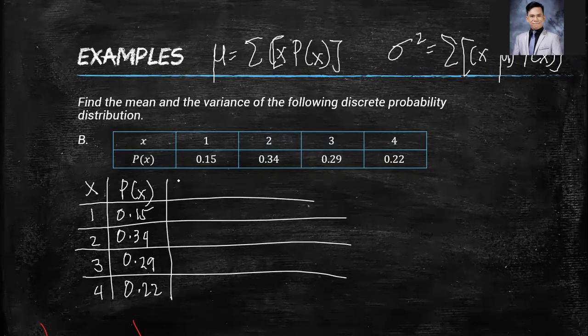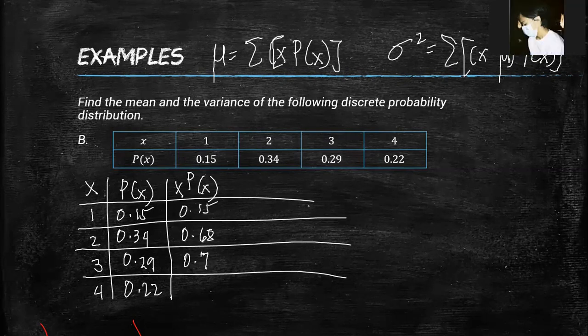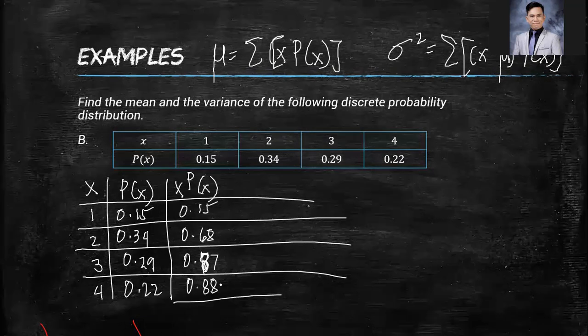Okay. So multiply x and p of x together. So we have 0.15 and then 0.68, right? And then 0.87, and 0.88. What's the sum? 2.58. Okay.